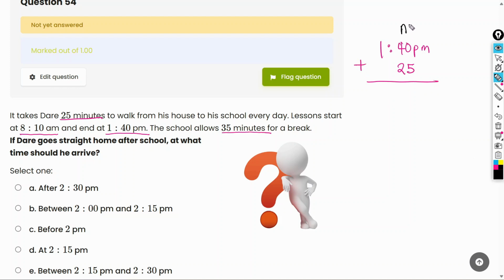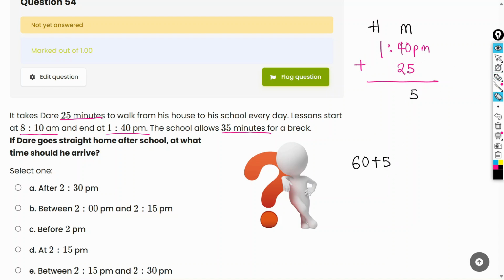Remember, this is our minutes place and this is our hours place. 0 plus 5 is 5. 4 plus 2 is 6. But now remember that our minute space can only take a maximum of 60 minutes. So it means we should separate 60 and 5. So we write down 5 and carry 60 over.